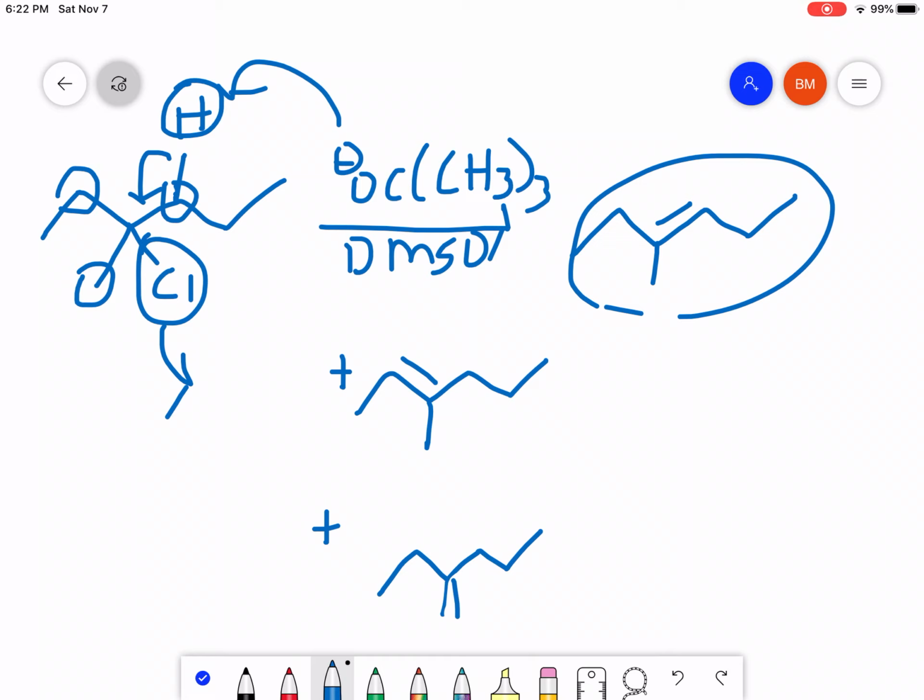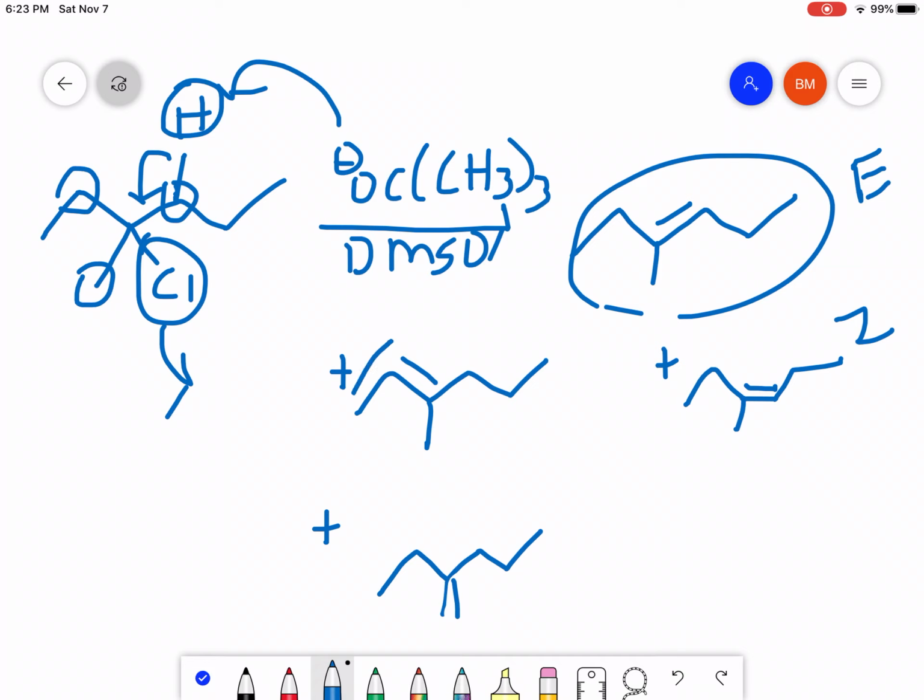Are those ethyl groups on the same side or the opposite side of that double bond? They're on opposite, right? So this means you have an E isomer. It is also possible to have the Z isomer as well, where they're on the same side. So you got to account for that as well. That is a legitimate product.